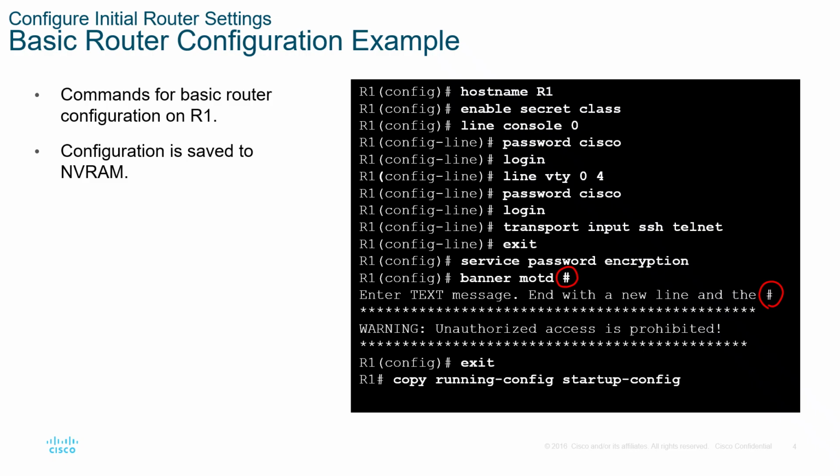RAM does not keep. If you don't save it, you turn off that device and it is gone. Just like if you were working on a Word document and you didn't save the document, you lost power, guess what? Everything is gone, you start again. Same thing here. Running config is lifetime. It is saved in RAM.